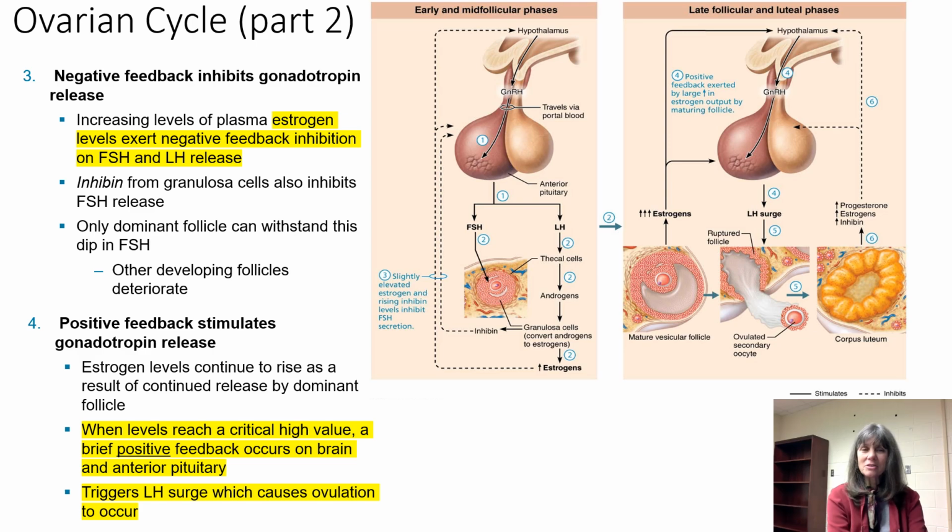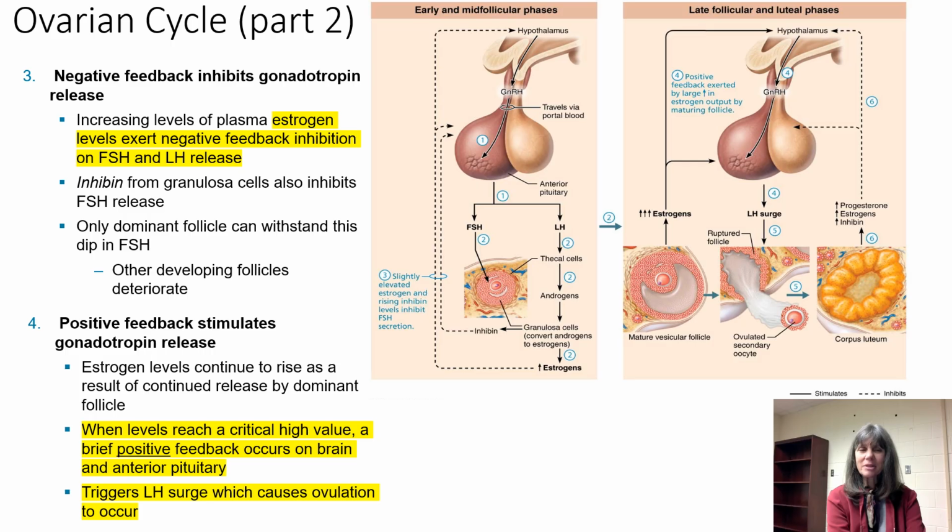Remember that the granulosa cells can also produce a hormone known as inhibin, and inhibin from the granulosa cells will also inhibit the release of follicle-stimulating hormone from the adenohypophysis. Only the dominant follicle can withstand this drop in follicle-stimulating hormone. Other developing follicles will begin to deteriorate.